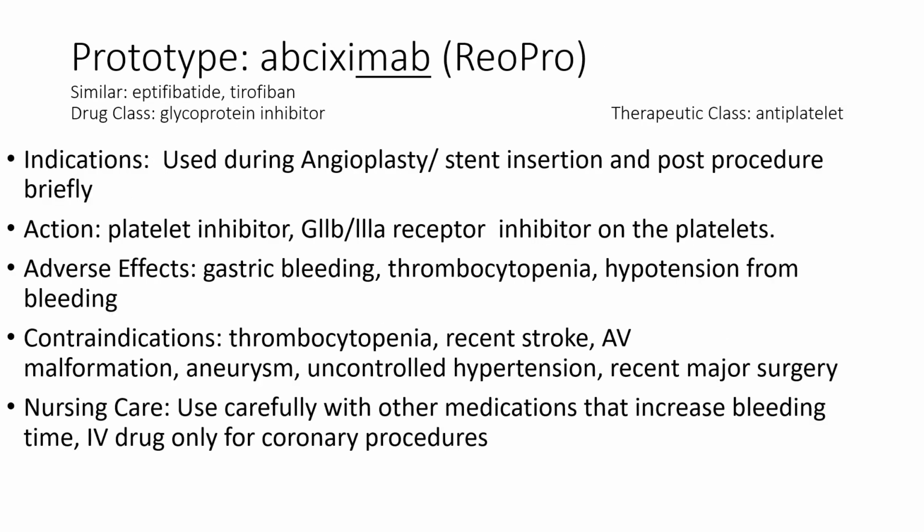Okay, so the next prototype, abciximab. This is just another antiplatelet medication. This happens to be an intravenous antiplatelet medication that's really used during a procedure such as stent insertion for a blocked coronary artery, or for someone who's in hospital with severe angina awaiting surgery.